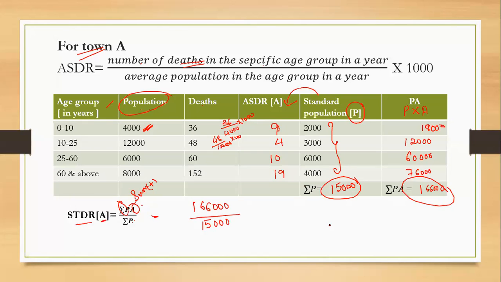What is the answer? 11.07. Good. So did you understand how to calculate for A?